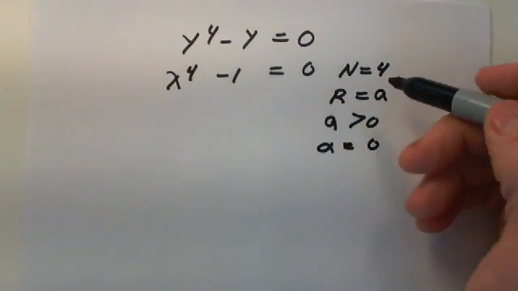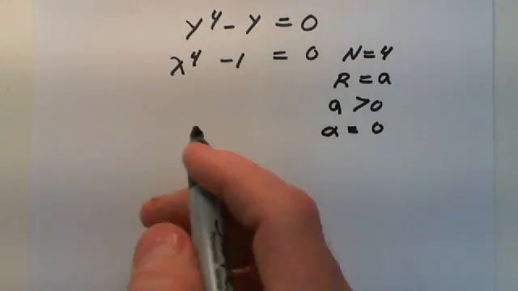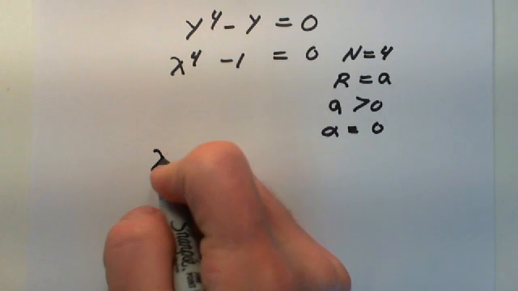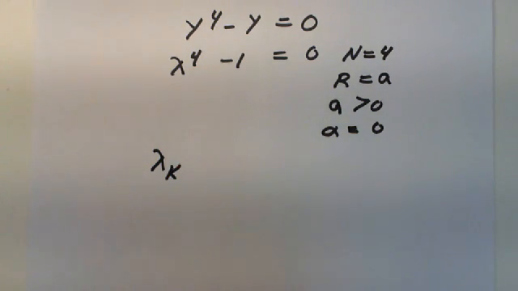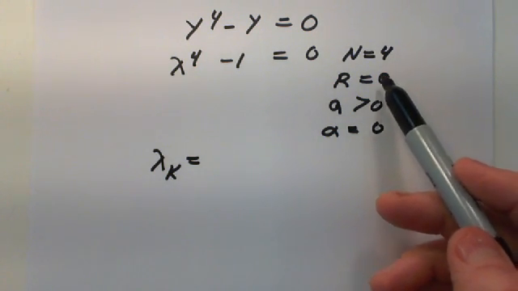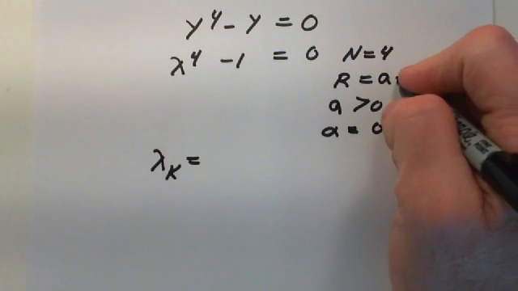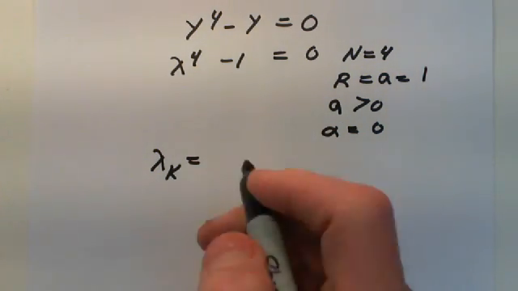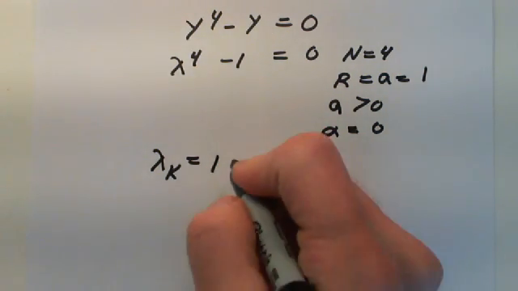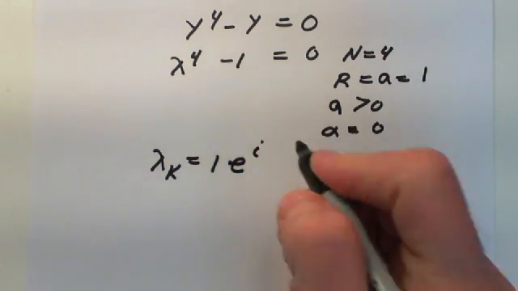Again, I recommend that you write this down just like this and then put it into the lambda k form. So in this case, lambda k is going to equal our r value, which we said in this problem is going to be equal to 1. I go ahead and multiply that by e raised to the power of i.